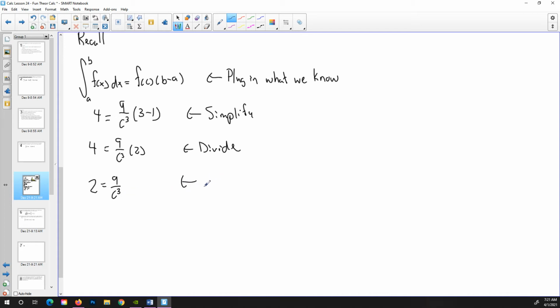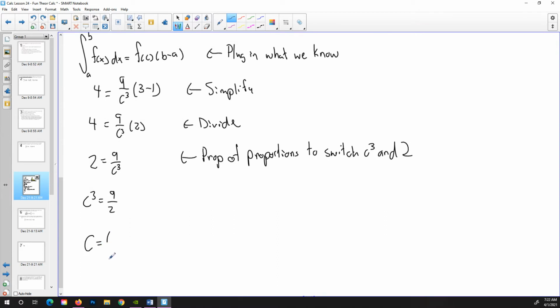And here we'll use a property of proportions to switch c to the third and 2. That'll give me c to the third equals 9 over 2. So c is going to equal the third root of 9 over 2. And that is the value for c.